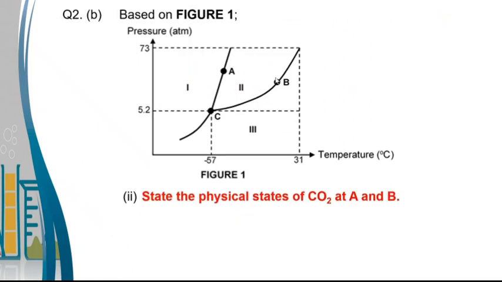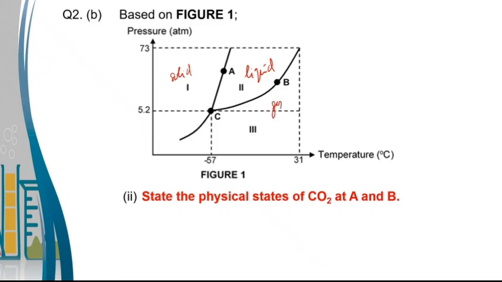Next, state the physical state of carbon dioxide at A and B. Point A is exactly on the line that separates the solid and liquid, and point B is the temperature and pressure exactly located on the curve that separates liquid and gas.